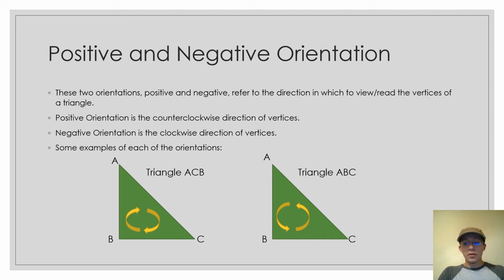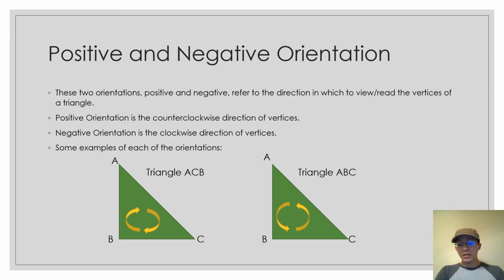Now, along with triangles and reflections, isometries and whatnot, comes positive and negative orientation. In the purest sense of the term, it is the way you look at the points or vertices of a triangle, whether it's counterclockwise or clockwise.